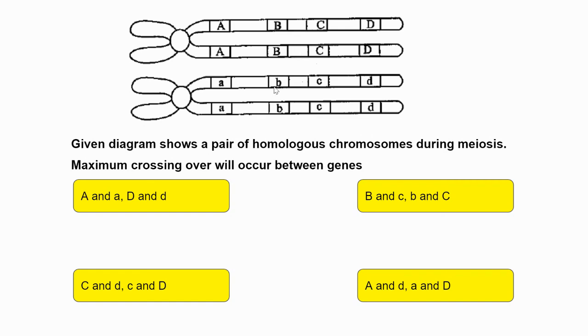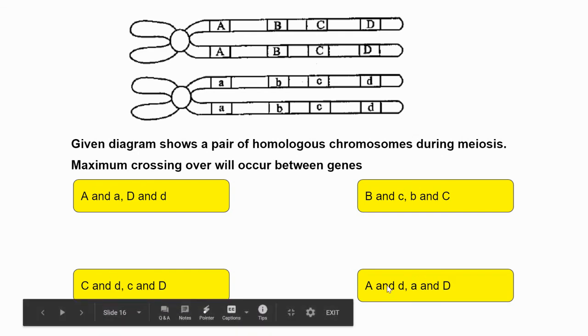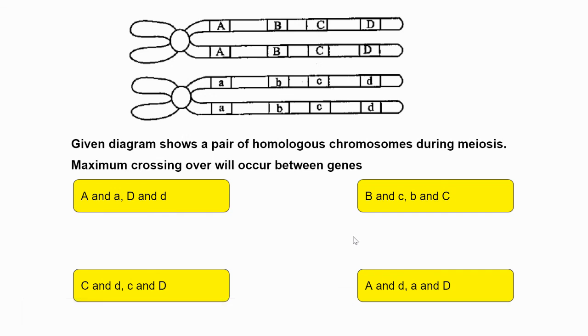Which of the pairs will have crossovers more frequently? So in my options, I have A and B, B and C, C and D genes, and A and D genes. Notice that capital A represents the dominant alleles and small a represents recessive.